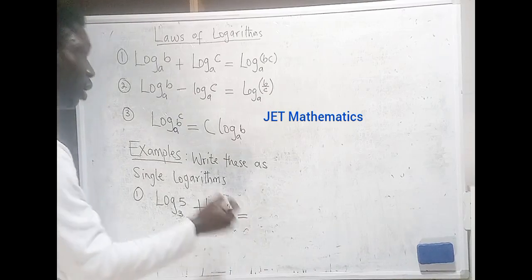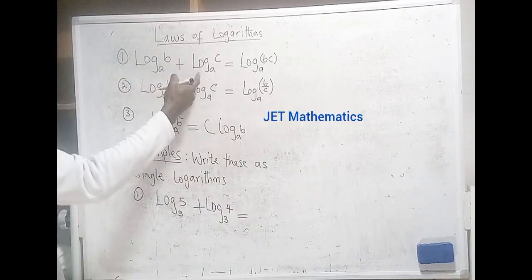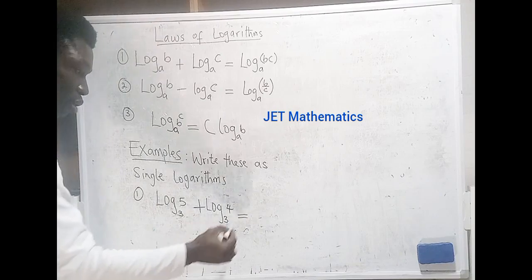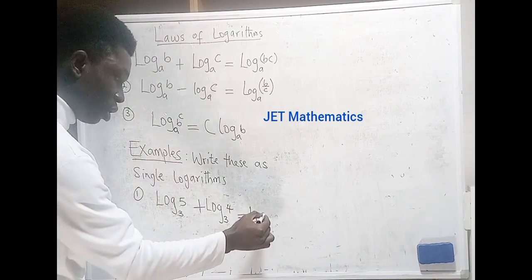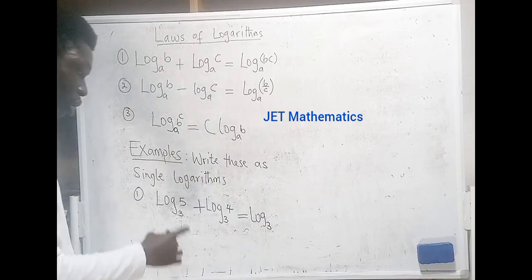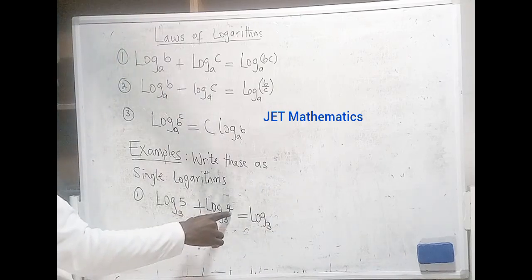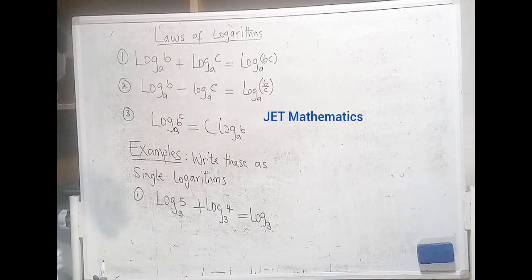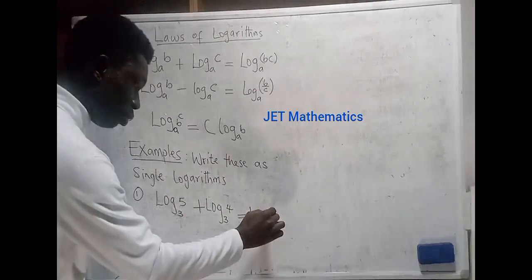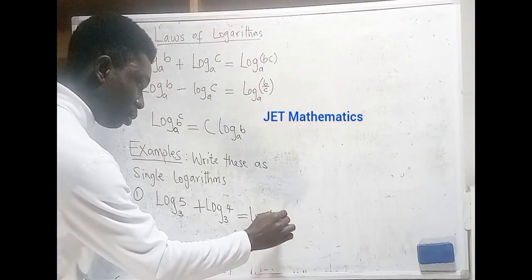We can just write this applying the first law. The base is 3, so we say this is log base 3. Then since it's addition, we multiply the logarithms, so we have 5 times 4.